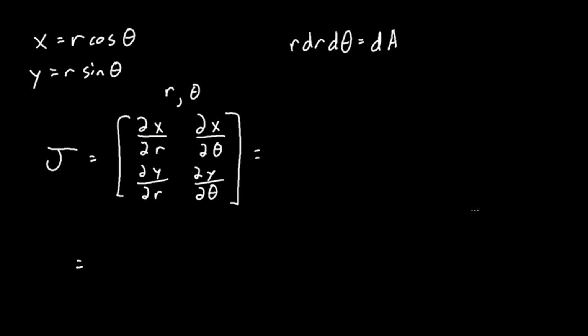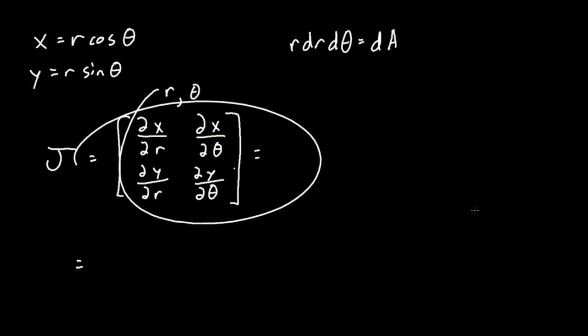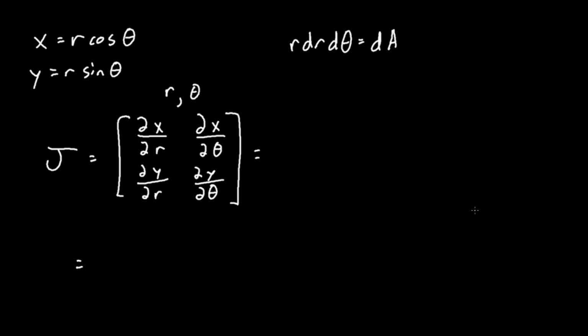The way that you want to set up the Jacobian matrix is specifically assigning certain rows, so across, with one of your original variables, x or y, and assigning columns to your new variables, r and theta. So you can actually set it like this.